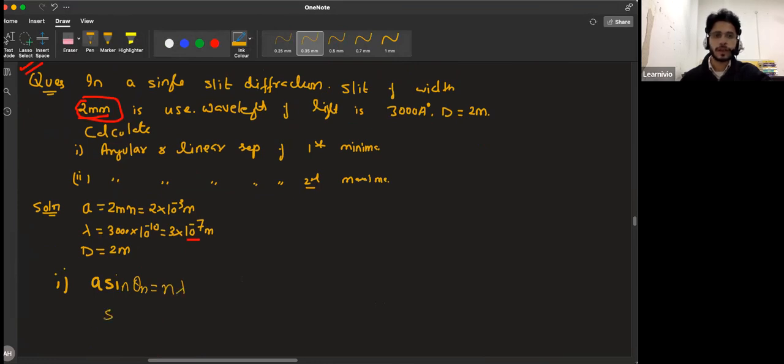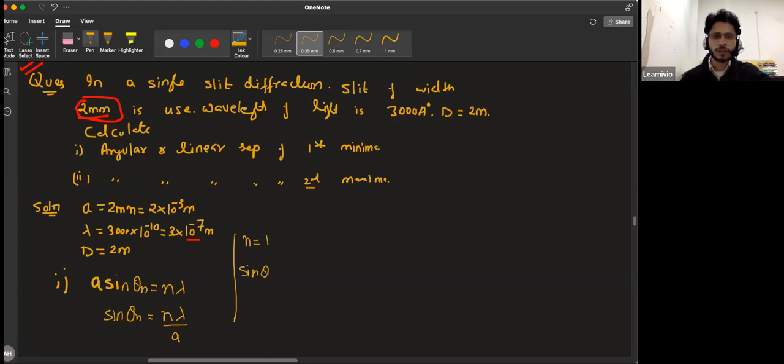Or you can say that sin theta n is n lambda by a. Yes, Akshay, it's correct. You need first minima. First minima means n is equal to 1. Put n equal to 1 here.